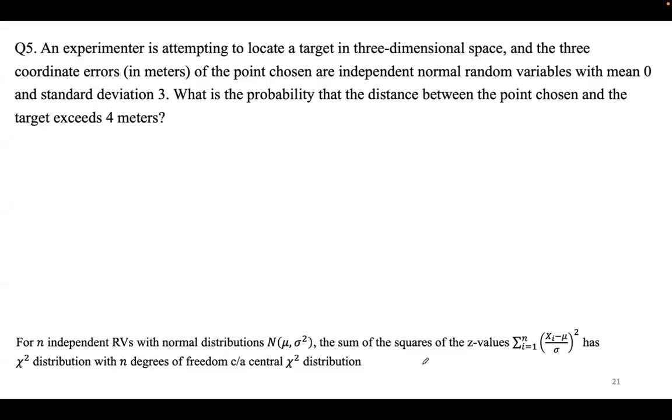But before the hint, there's one important thing that we need to know, which is about the distance. The question we start off with is, what is the probability that the distance between the point and the target exceeds 4 meters? And just make sure that this is also meters and this is also meters. So we are talking about the same unit.